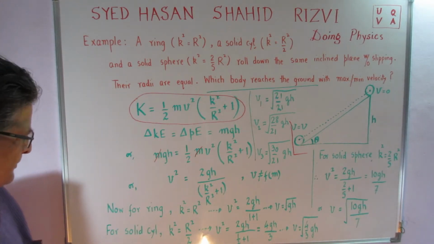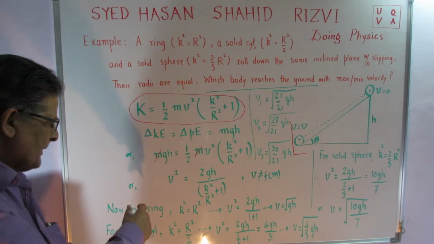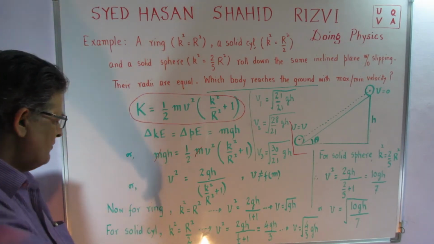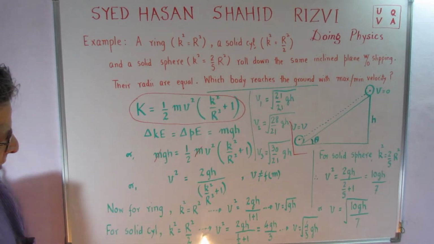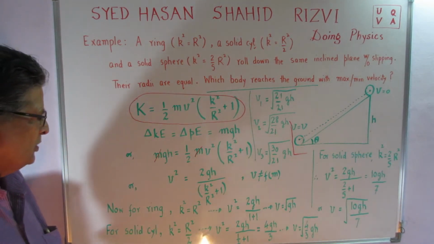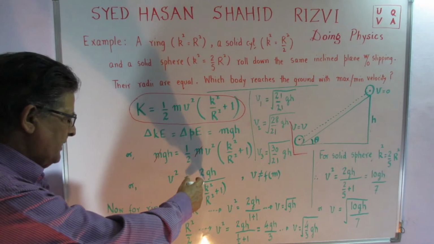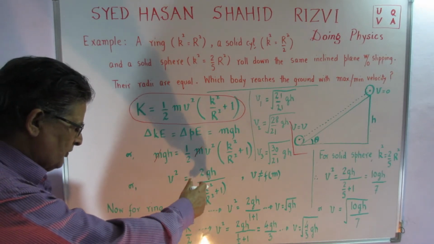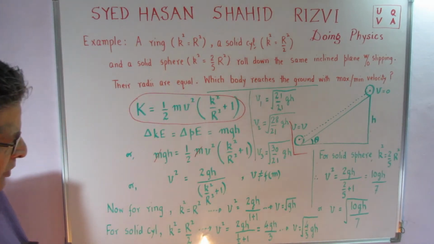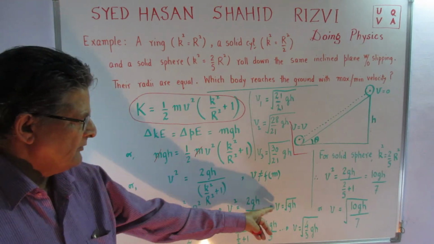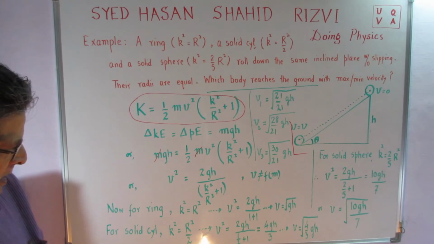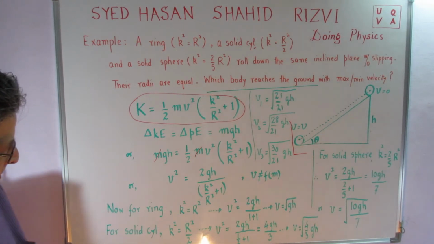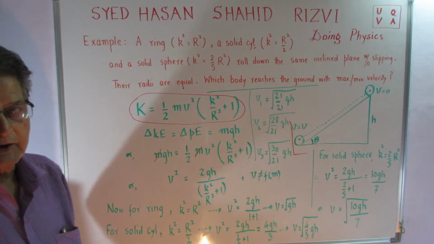And now if I apply the data for the ring where k square is equal to r square, we find that v square will be equal to 2gh divided by 1 plus 1, which is equal to 2, so 2 and 2 cancel out and v becomes equal to under root of gh. For the solid cylinder, k square is given as r square by 2.